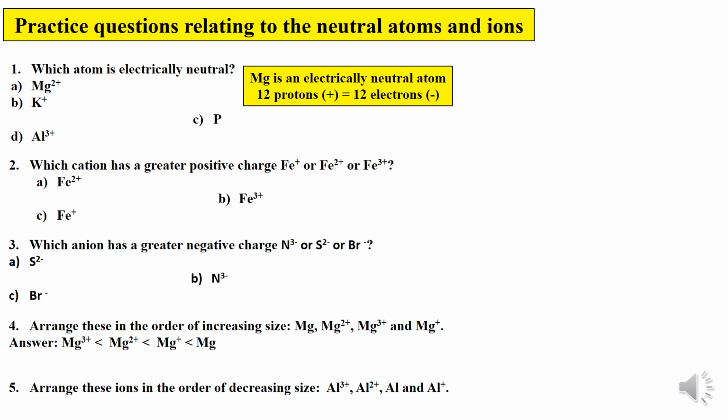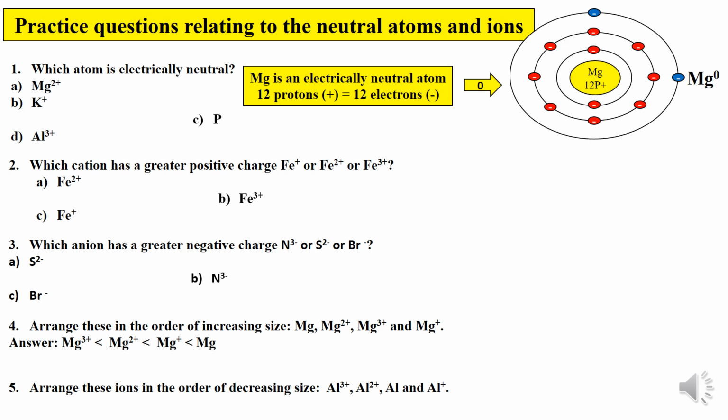In this case, the atom in question is magnesium. In the electrically neutral magnesium atom, you know that the number of protons is equal to the number of electrons. So there are 12 protons in the nucleus of the magnesium atom and 12 electrons in their respective shells or energy levels. So it's electrically neutral with no charge.